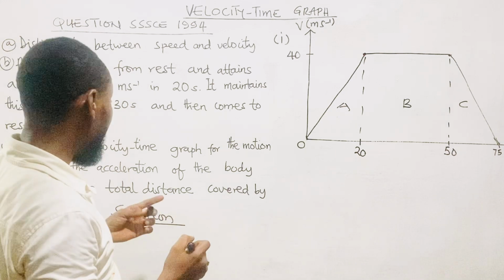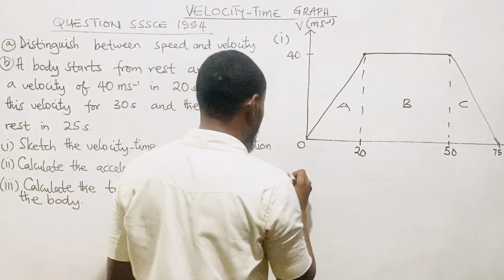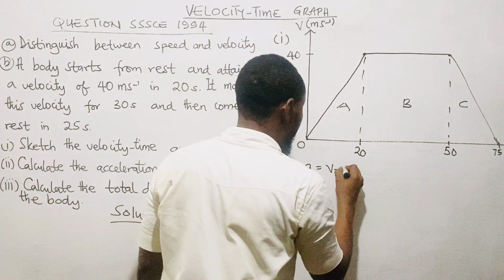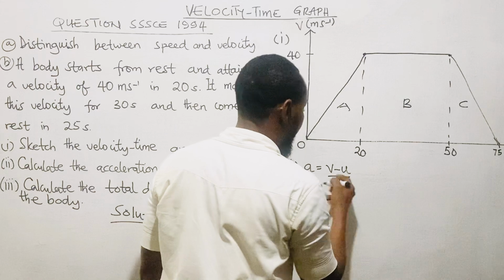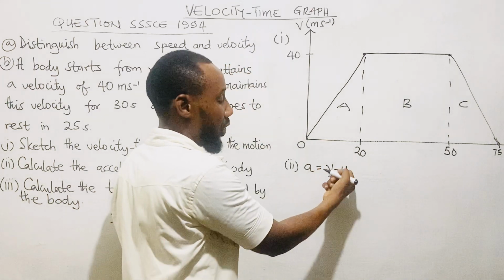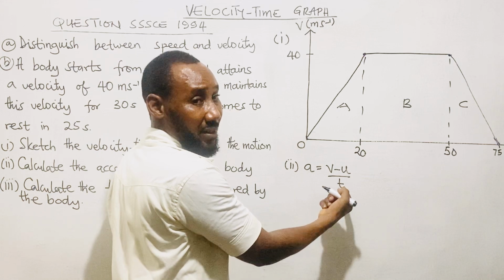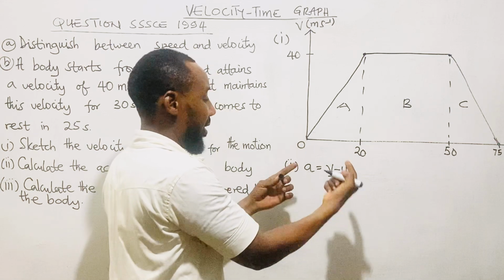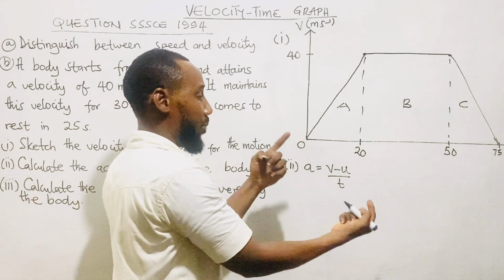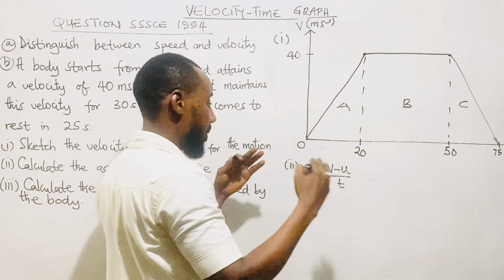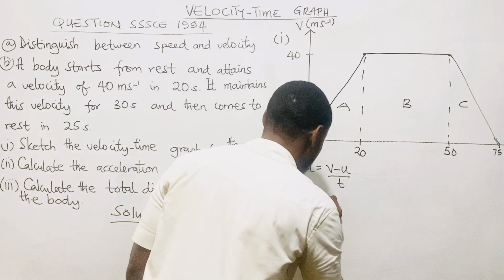The second part is that we should calculate the acceleration of the body. So acceleration a equals v minus u over t, where v is the final velocity, u is the initial velocity, and t is the time taken for the object to move from the initial velocity to the final. That is the time consumed between these two particular velocities.